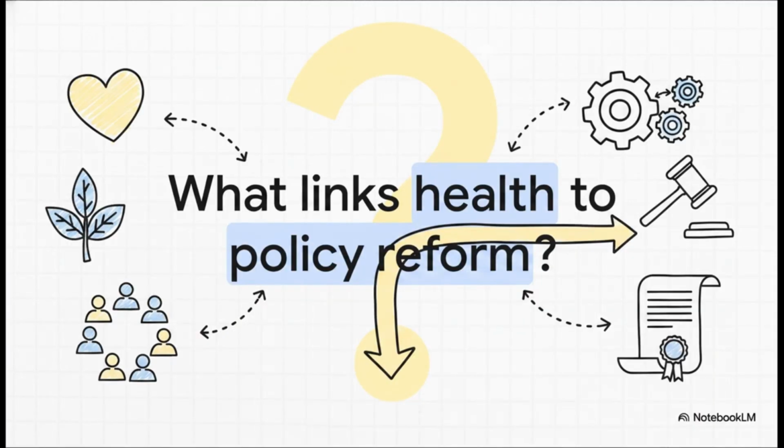So let's kick things off by asking ourselves a pretty foundational question. How is public health actually connected to the systemic shifts the government targets in its fiscal policies? Well, the truth is, you simply cannot separate a nation's health from its economic trajectory. They go hand in hand. The Economic Survey makes this crystal clear. A high disease burden acts as a massive anchor, dragging down our national GDP and putting a severe strain on the state exchequer.